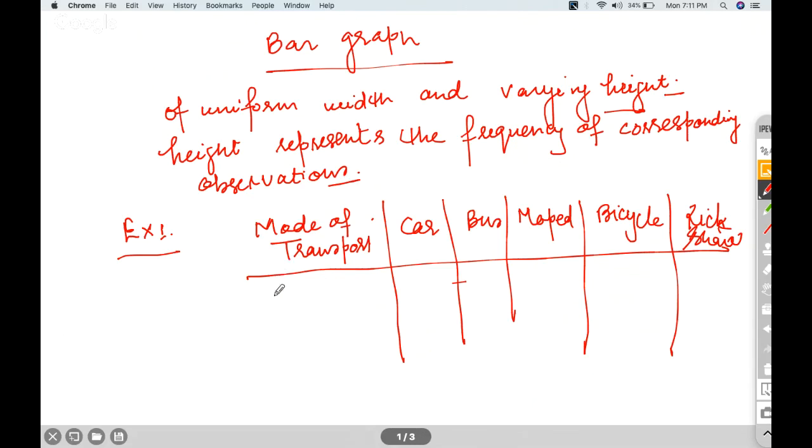And then I have here the number of students traveling through these modes. So car, I have 4 people, bus 27, moped 11, bicycle 20, and rickshaw 8.